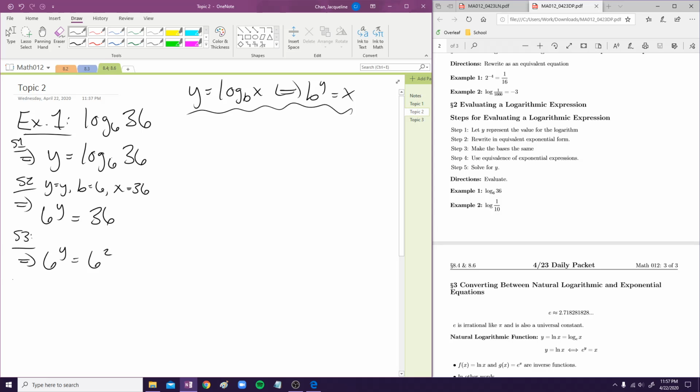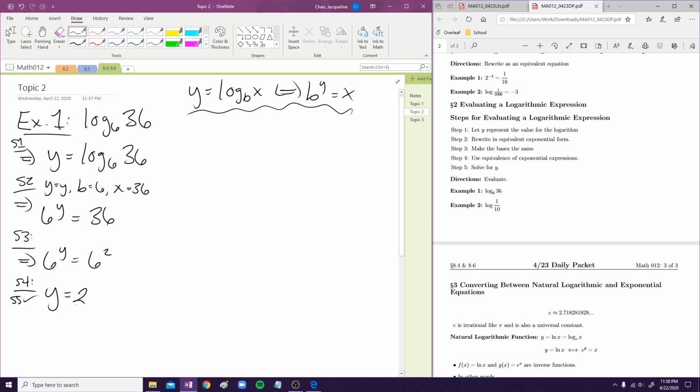So now step 4. We're going to use the equivalence of exponential expressions. Since the bases are the same, the exponents are equal. Step 5, we have to solve for y, but lucky for us, y is already solved.